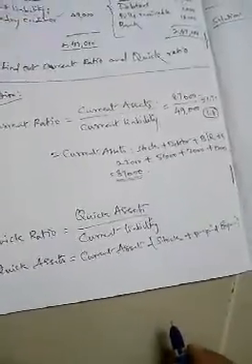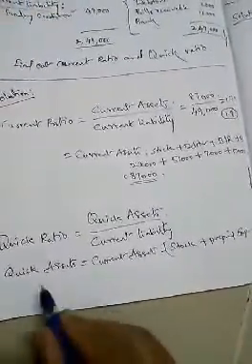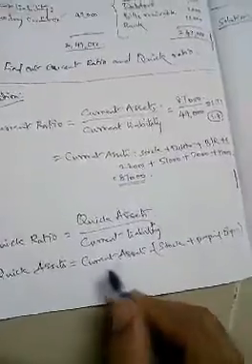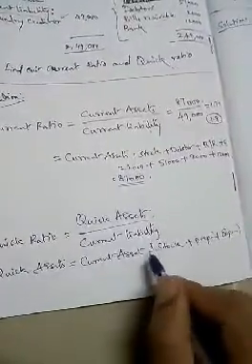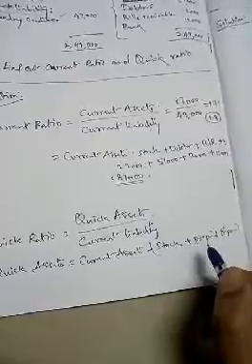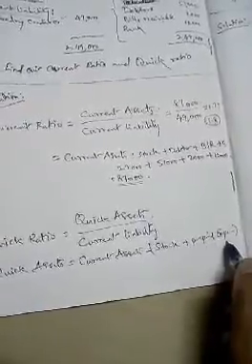So this is the quick assets. Quick assets equal to current assets minus stock plus prepaid expenses.